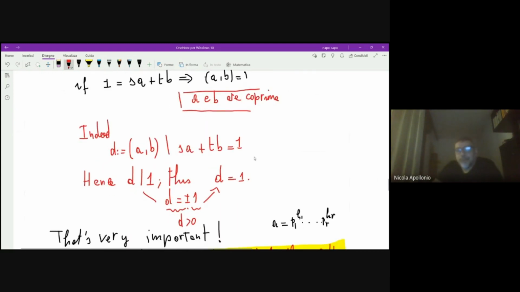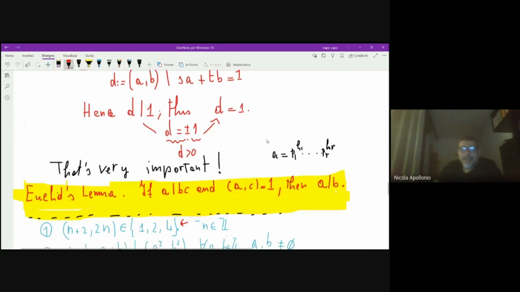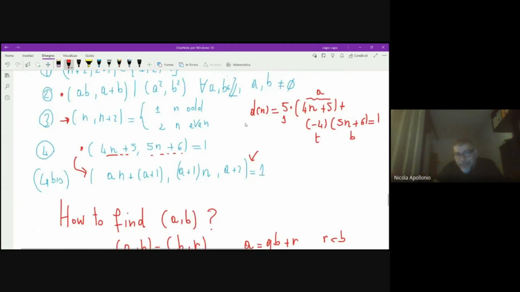However, if you don't want, just look at the proof, and you see that whenever two numbers have a linear combination which equals one, then their greatest common divisor is 1. Therefore, the numbers are coprime, and this is true.